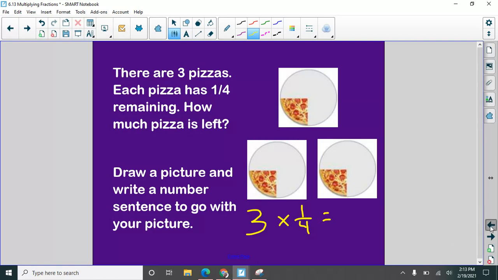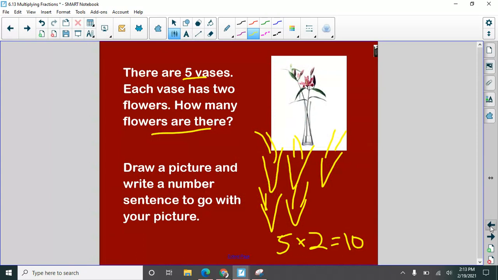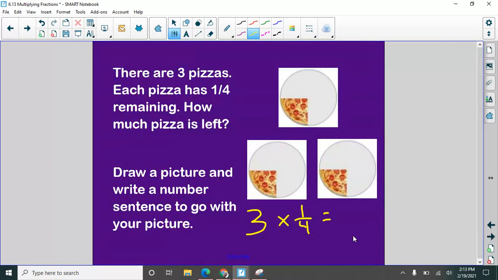If you think about this one as addition, this is 2 plus 2 plus 2 plus 2 plus 2, right? Because multiplication is just repeated addition. So this one is going to be 1/4 plus 1/4 plus 1/4.